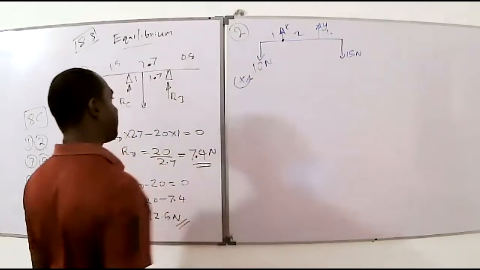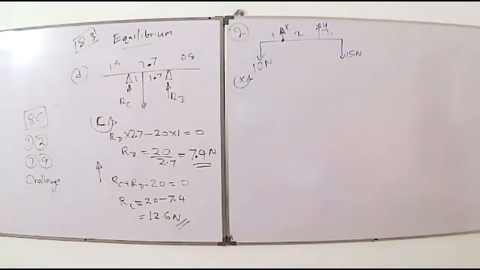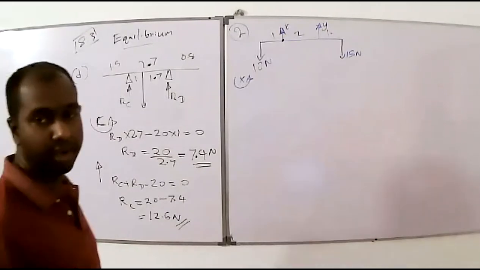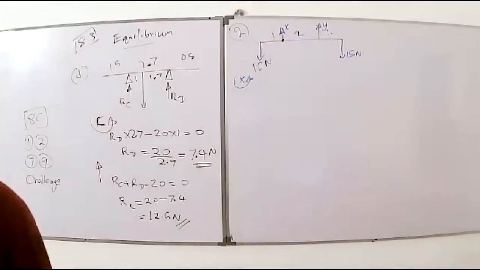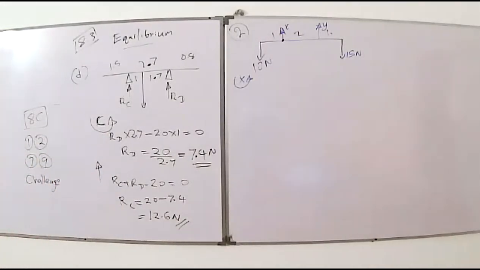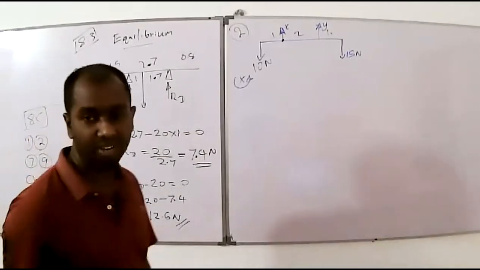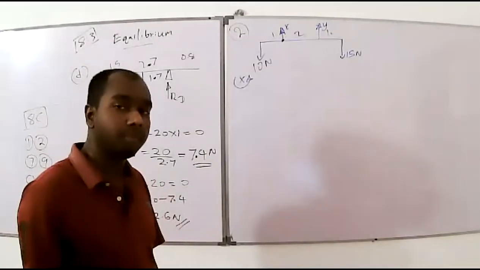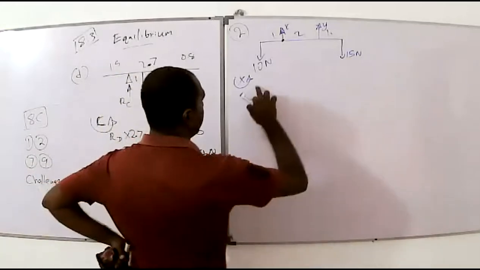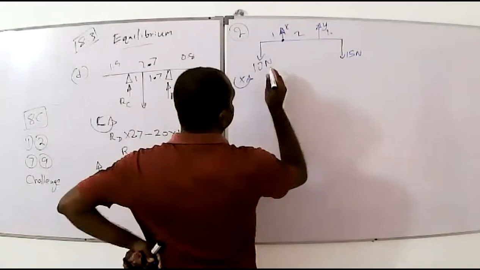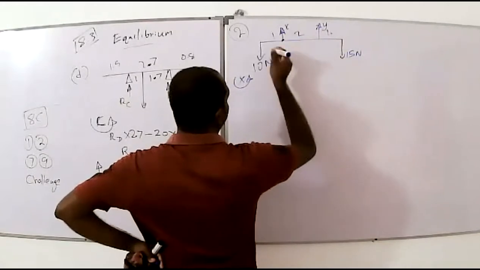Light rod means there is no weight. So they say it is in equilibrium. So in any direction if we resolve forces, the sum is going to be 0 and the moment also going to be 0.